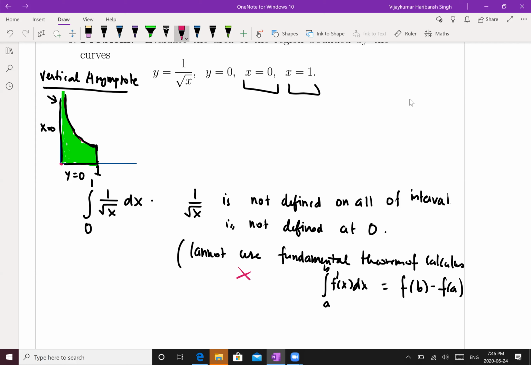So what we'll do is a trick. However, we know that 1 by square root of x is continuous on 0 to 1, 0 excluded, but discontinuous at 0.